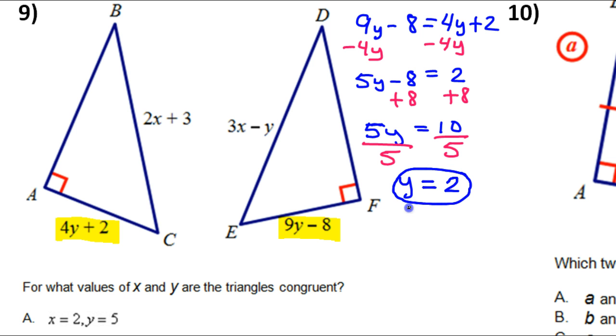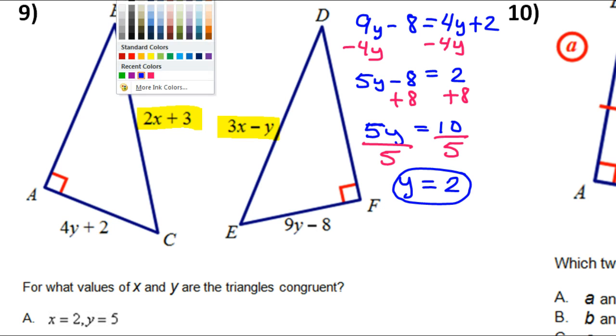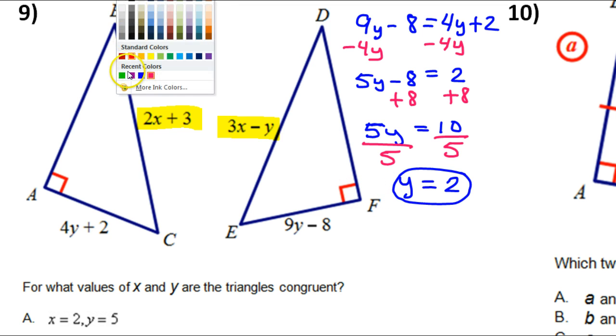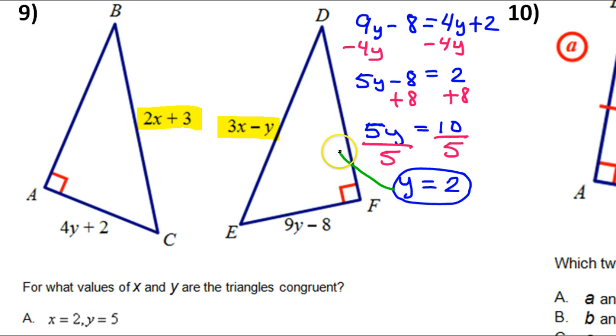Okay, so now we still have to find x. But now that we know y, focus on these two expressions, but now we know that y is 2. So we can take this value and we can put 2 in for y.